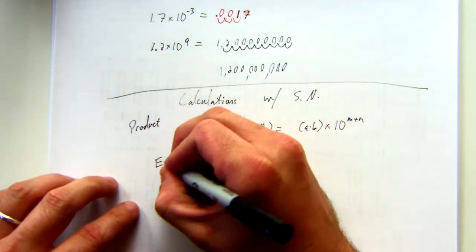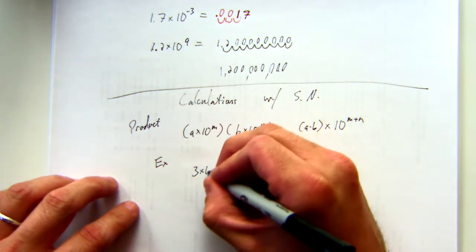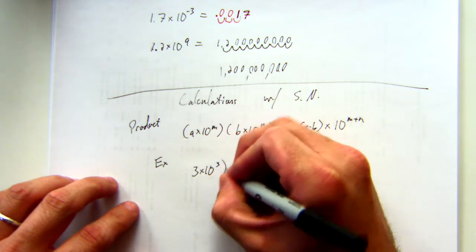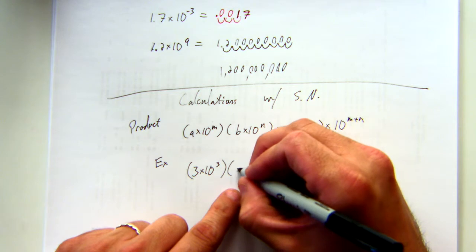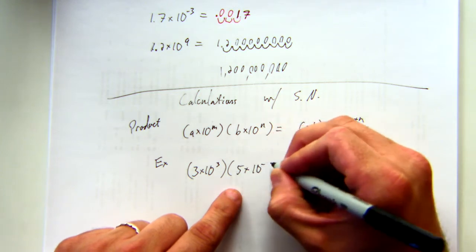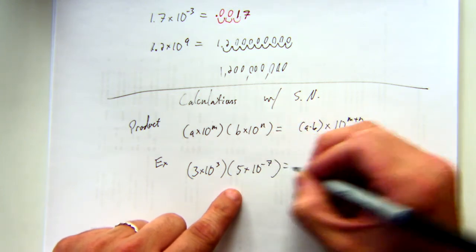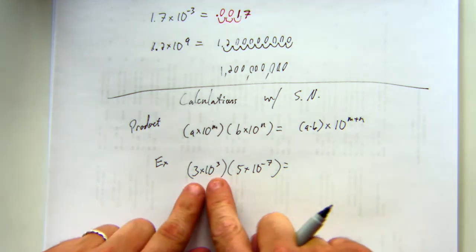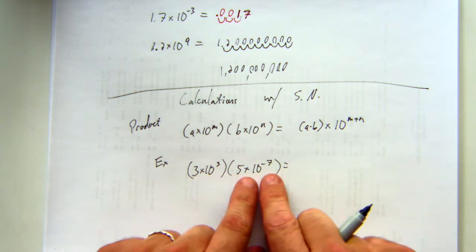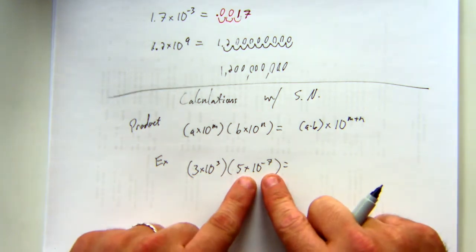Let's do an example. Suppose I have 3 times 10 to the third times 5 times 10 to the negative 7. So this is a number in scientific notation multiplied by another number in scientific notation.